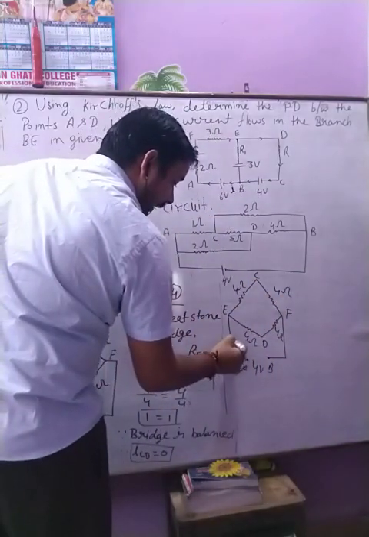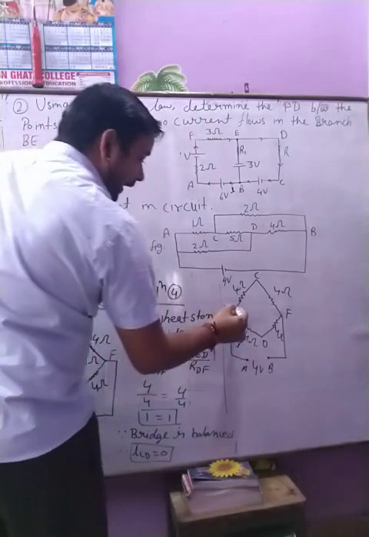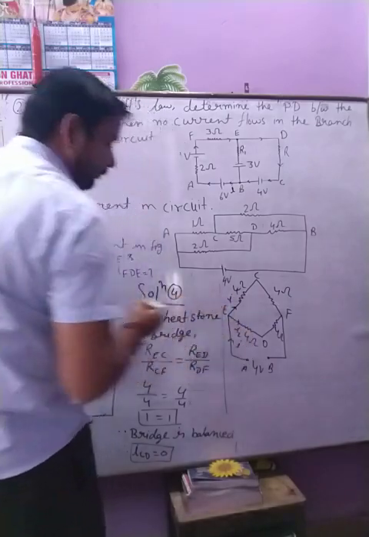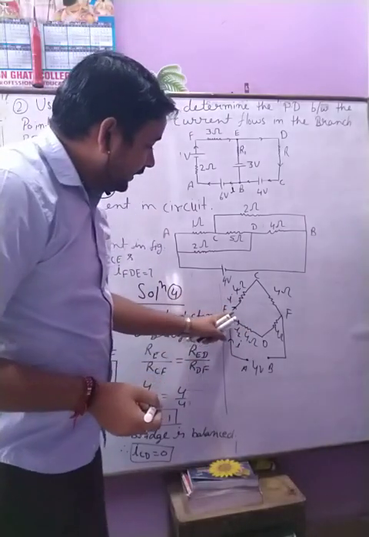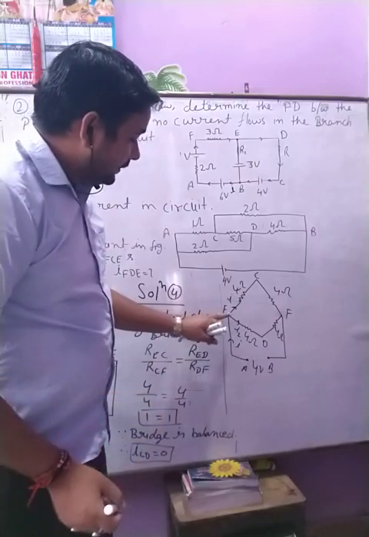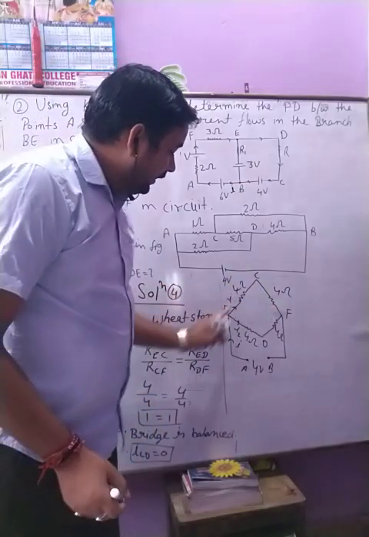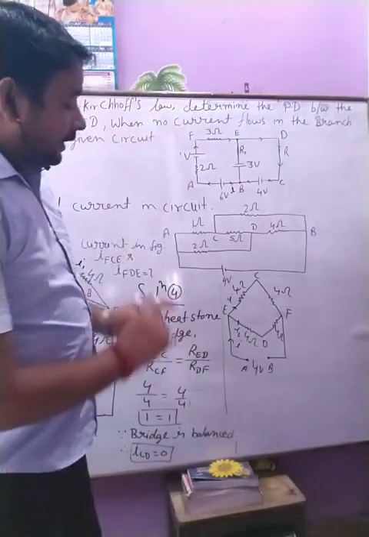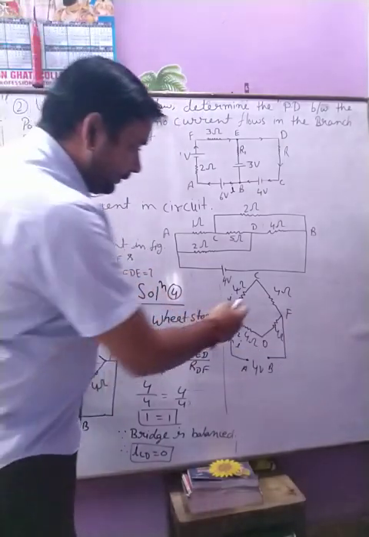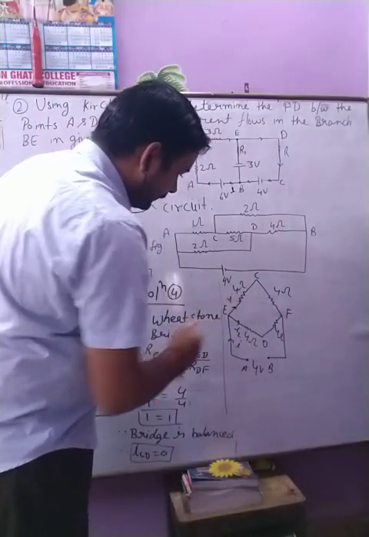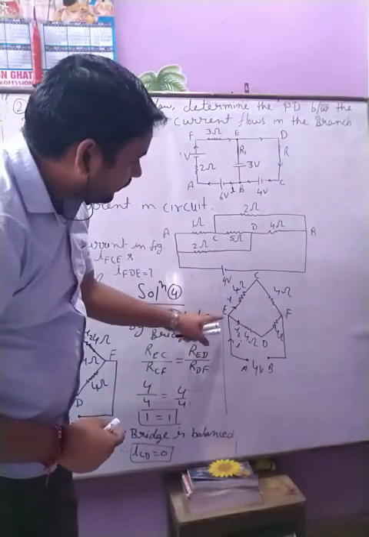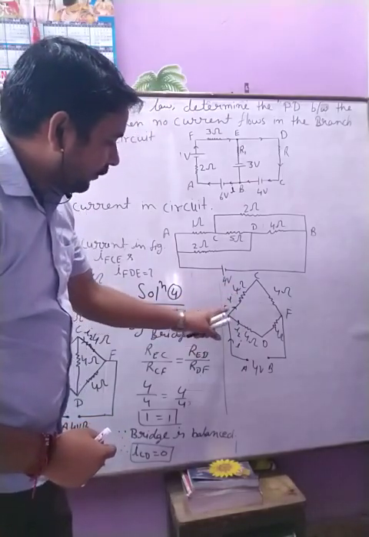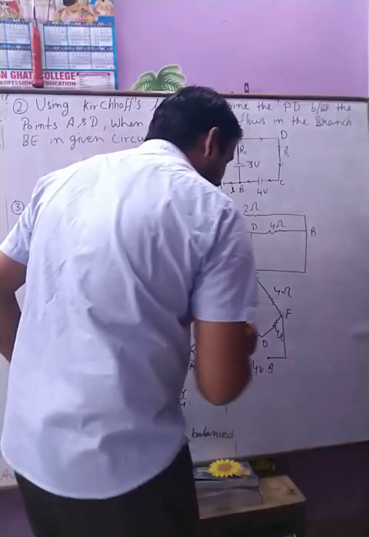Now current I is flowing here and it is divided in two parts. One is I1 and one is I2. Okay, because in each branch E, F, E, C, F and E, D, F, the resistances are connected equal, so current I1 and I2 are also equal.